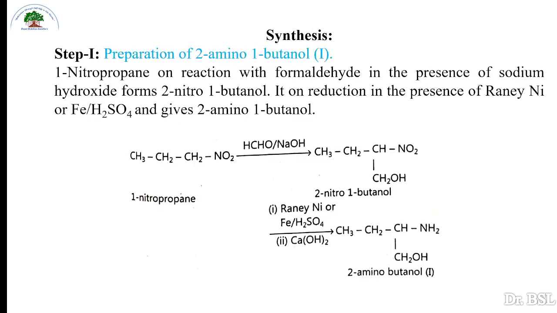So the synthesis of ethambutol: in the first step, preparation of 2-amino-1-butanol. This 1-nitropropane on reaction with formaldehyde in the presence of sodium hydroxide forms 2-nitrobutanol, 2-nitro-1-butanol.